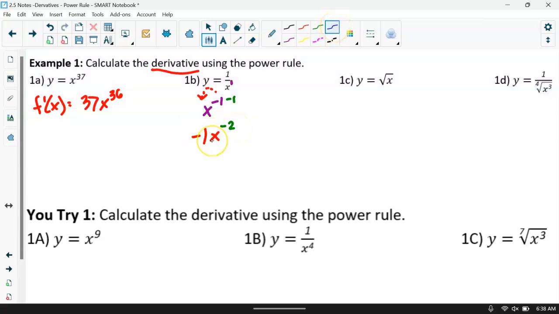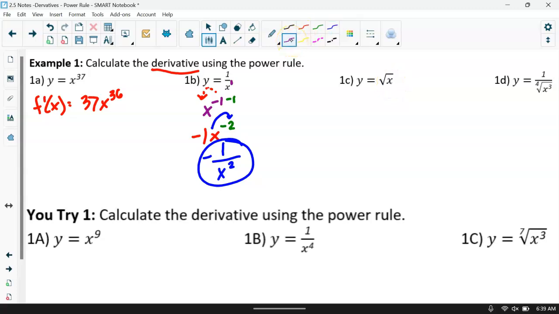I've got negative 1 over x to the second power, making my fraction, because again x, our base, is being raised to a negative exponent. That is the derivative.